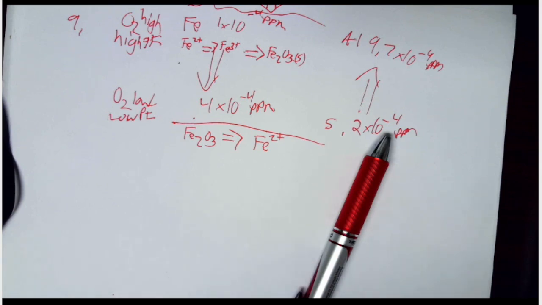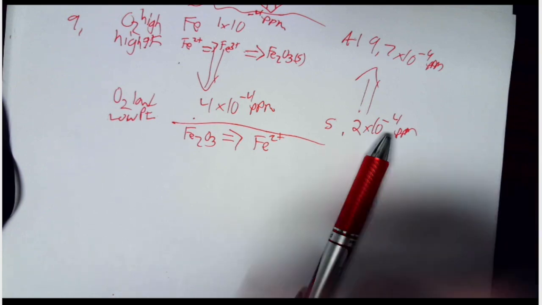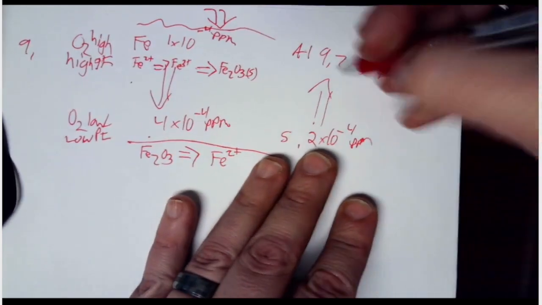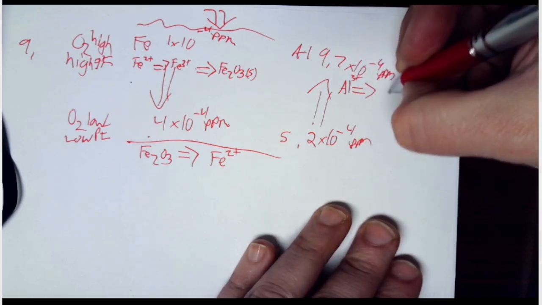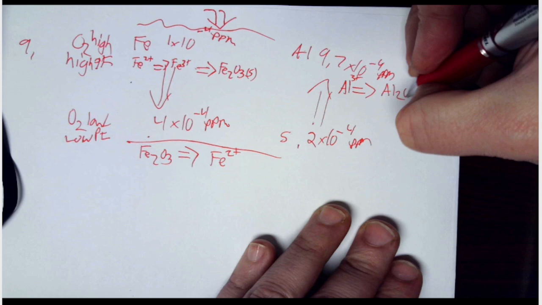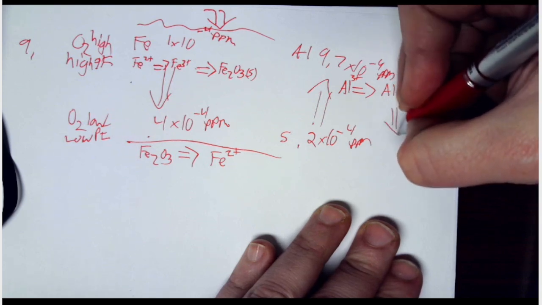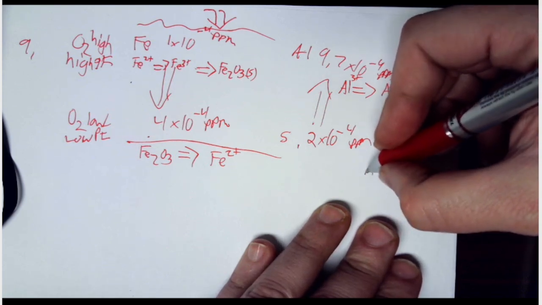Now, aluminum can bind to shells of organisms down on the ocean floor, so it can be taken up that way, so it can be a little bit lower. But aluminum also doesn't necessarily change oxidation state. So any aluminum that oxidizes to Al2O3 and then sinks doesn't go back.